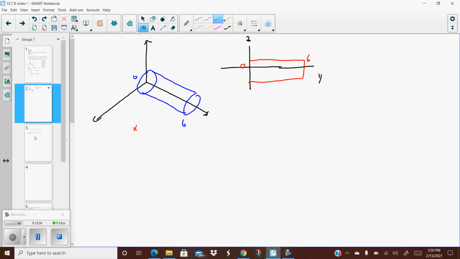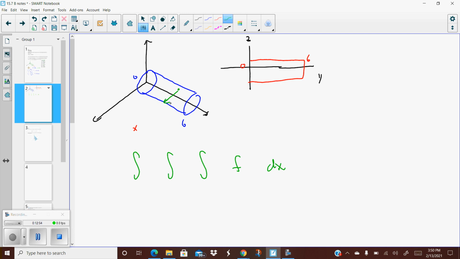So when I go to set up the integral, again, do a triple integral of f, we're going to put x on the inside part. So the question is, what does x vary from? Well, this is going to be a little bit harder to see, but x varies from the back side of this cylinder to this side of the cylinder.